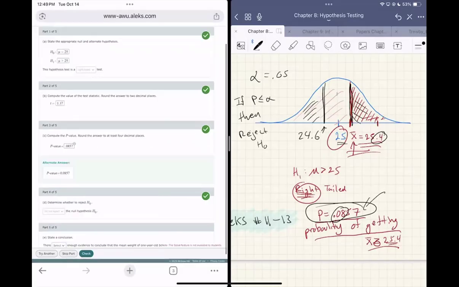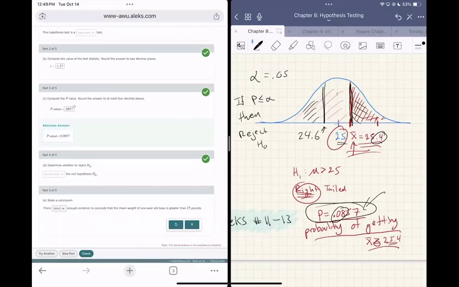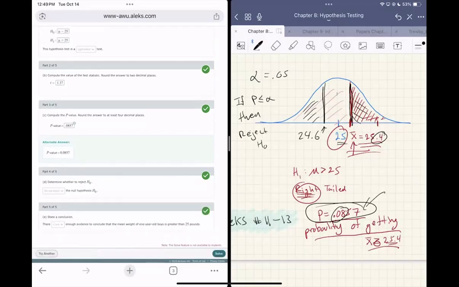So we do not reject. State the conclusion: there is not enough evidence to conclude the mean weight of 1-year-old boys is greater than 25 pounds. There's not enough evidence to reject. It's not likely that this is the average we would get, right? An 8% chance is not very high.